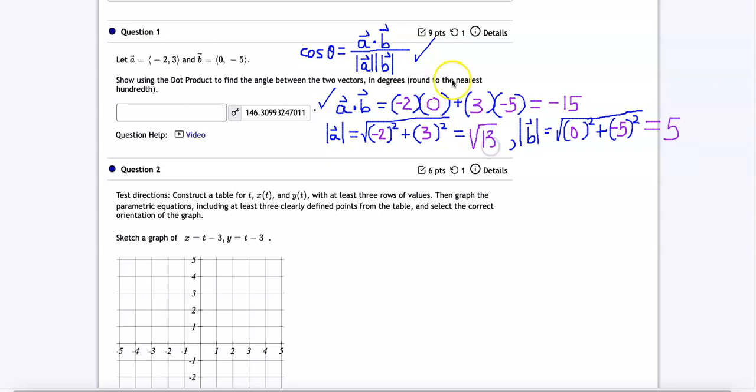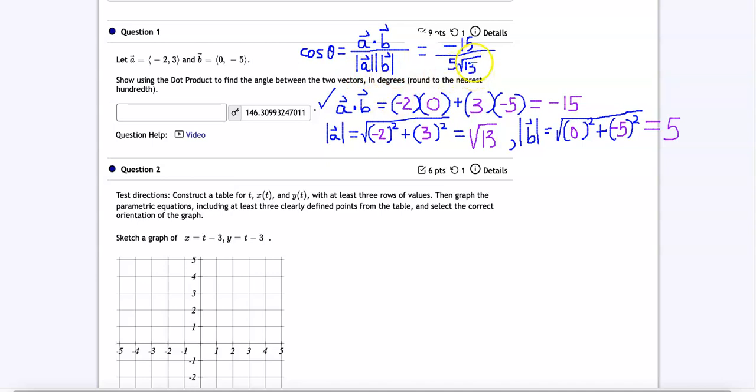Ultimately, what we want is to be able to take each of these values, -15, √13, and 5, and plug them back into this cosine theta equation. So let's do that. Now I've made those substitutions, and next I am going to figure out what theta is. I did write 5 √13 instead of √13 times 5, but that's completely fine.